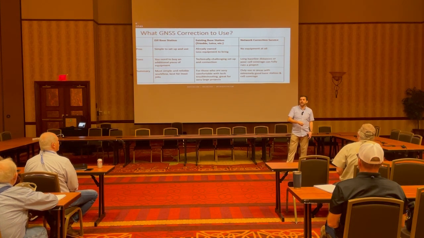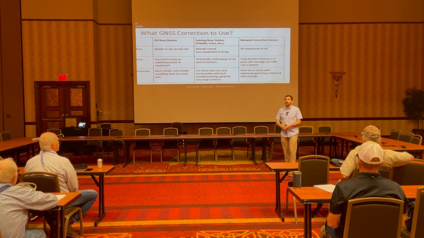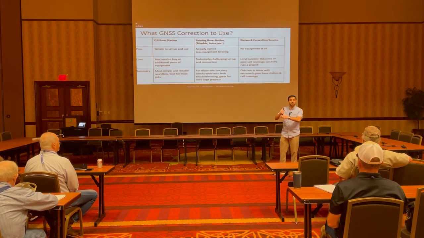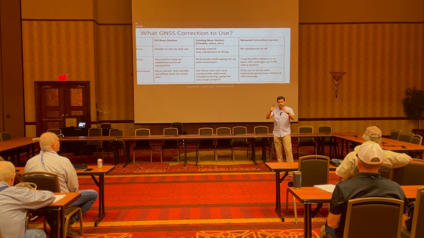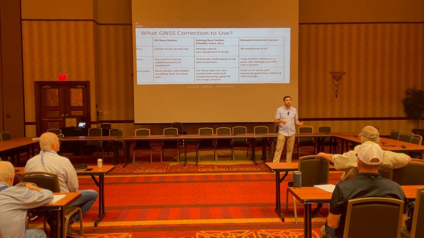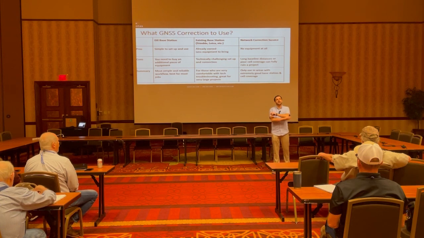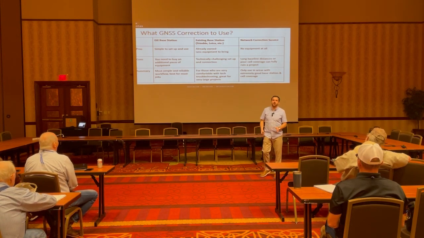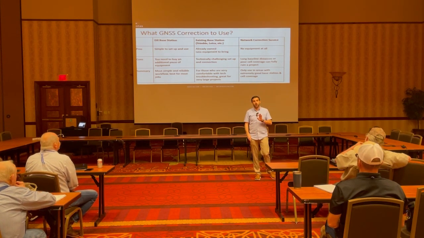They say this is going to be accurate to 3 or 4 centimeters. And honestly, if you had a network correction service on a rod, it can be accurate to that much because you can take an observation for 5 seconds or so. But when the drone is moving and flying at 30 feet per second, it's way overestimated on those network correction services. Part of why we don't like them.